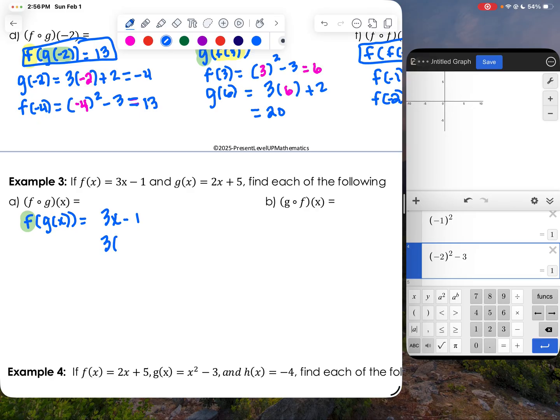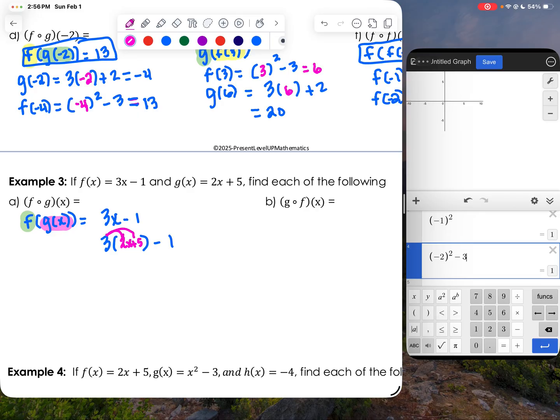Then you're going to replace the x with parentheses. And then you're going to look back at your original problem. Look what's inside the parentheses. So g of x is going inside the parentheses here. So we're going to plug in 2x plus 5.